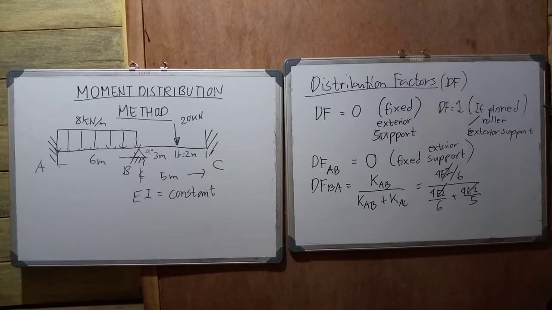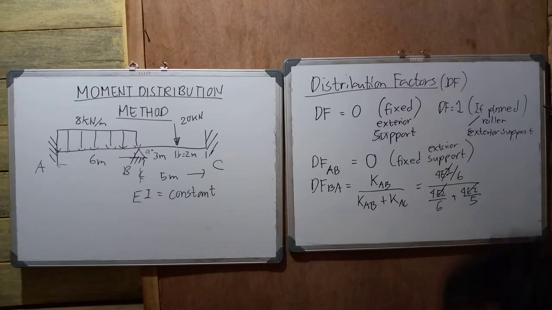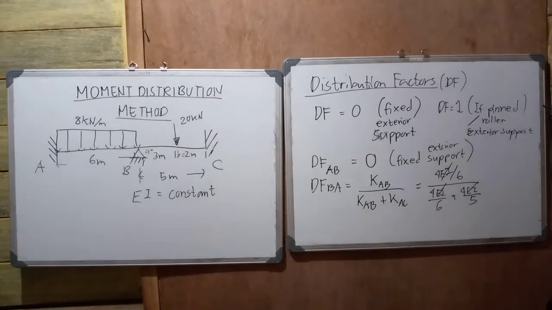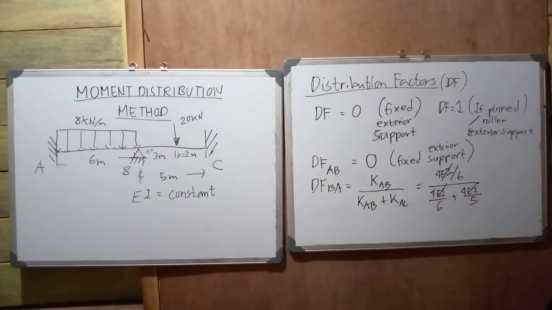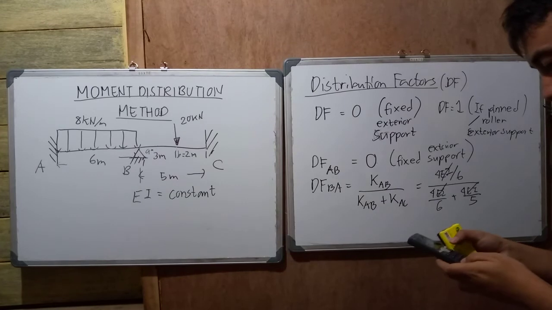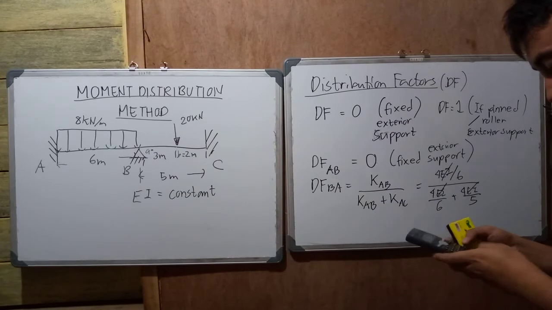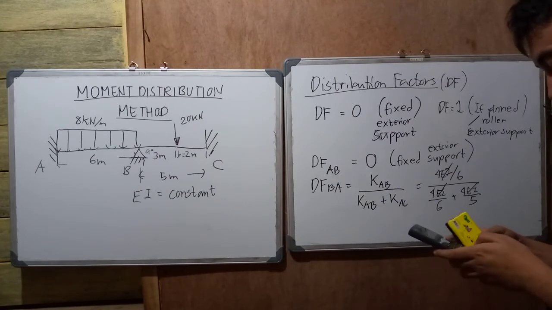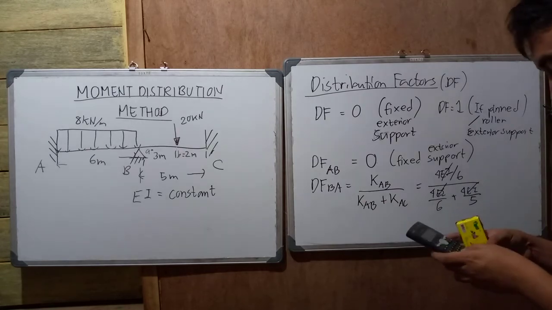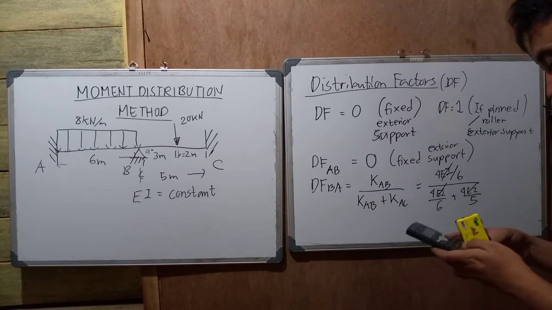Okay? So, maybe let us produce this as fraction. Kuha muna ako ng calculator. So, 4 divided by 6, divided by 4 over 6 plus 4 over 5.